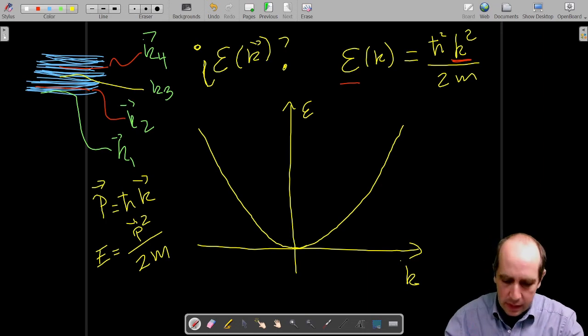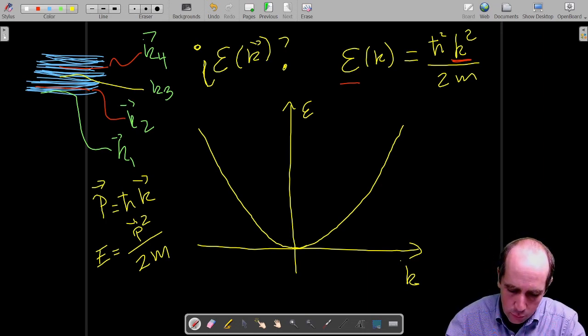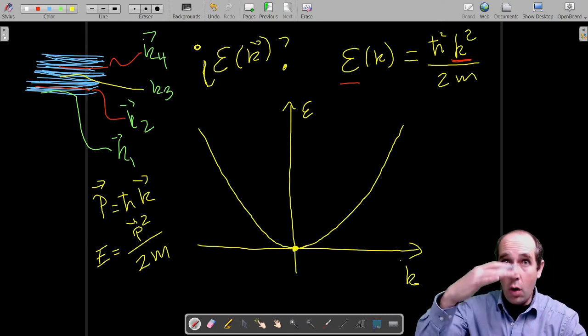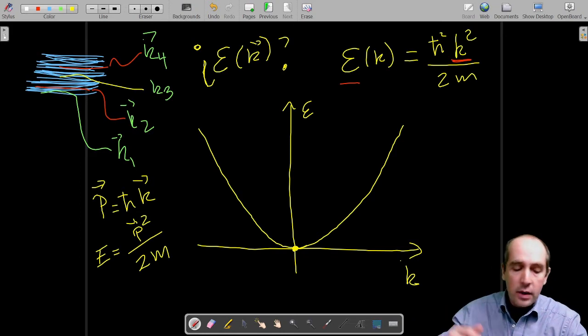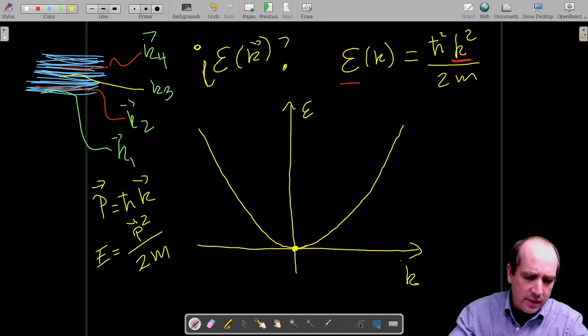So K vectors that are very close to zero here basically have very low energies, and as you move to higher K values, in principle the energy of the band increases and increases quadratically.